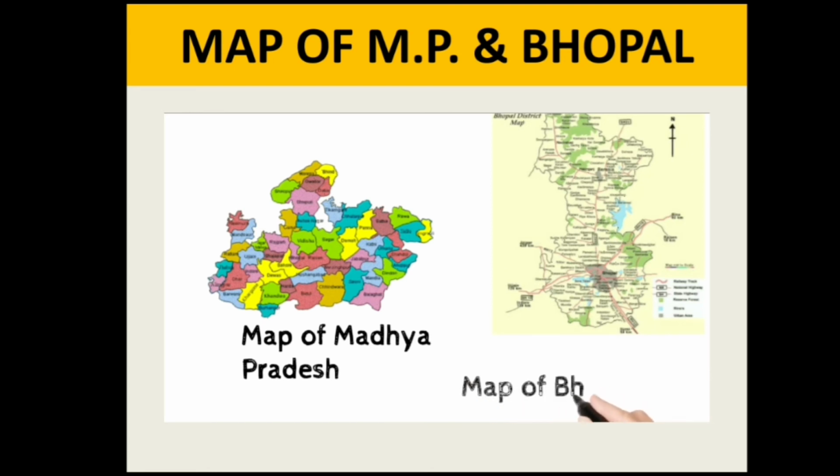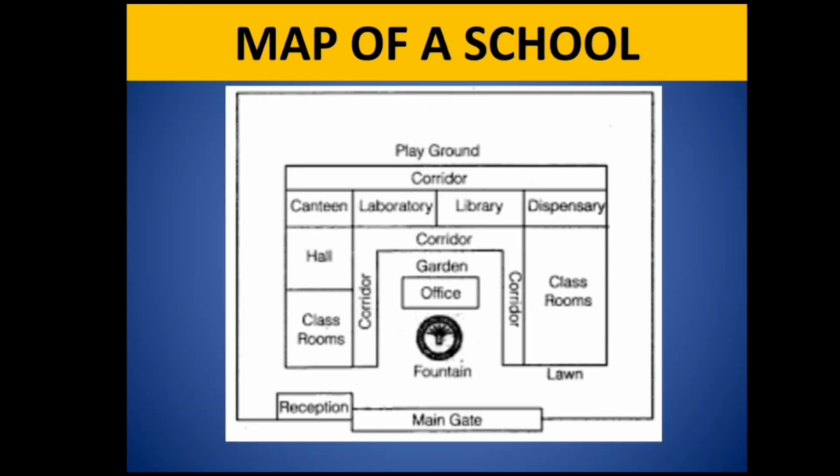You can make the map of a school also, showing the playground, library, classrooms, dispensary, canteen, whatever you want to show. You can make the map of a classroom or your home. So these types of maps are called political maps.